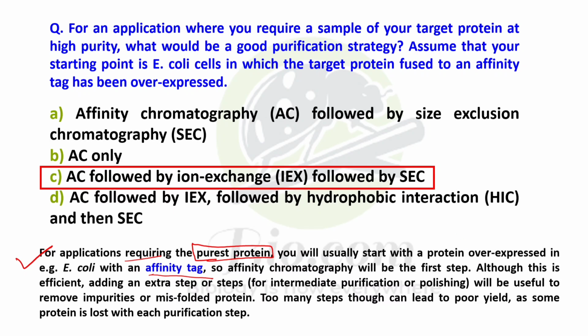And after that you can add some more steps so that the protein will be very pure. For intermediate purification or polishing, to remove impurities or misfolded protein, you can go to ion exchange followed by size exclusion chromatography. So option C is correct.